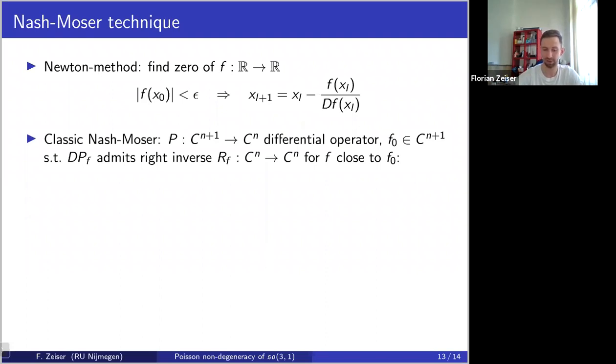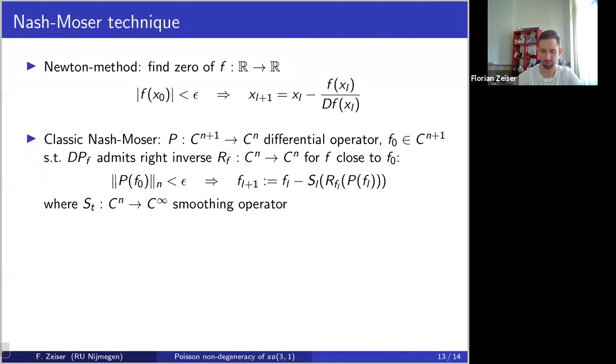We want the derivative of this differential operator to admit a right inverse locally around f_0. And then one gets a similar statement. If P of f_0 is close enough to 0, then one can define again such an iteration which converges to a function where the operator is actually 0.